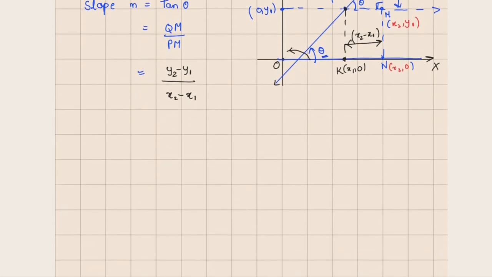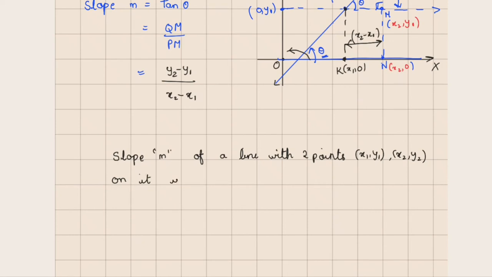So the slope m of a line with two points (x1, y1) and (x2, y2) on it is m equal to tan theta, where theta is the inclination, which is equal to (y2 minus y1) by (x2 minus x1).